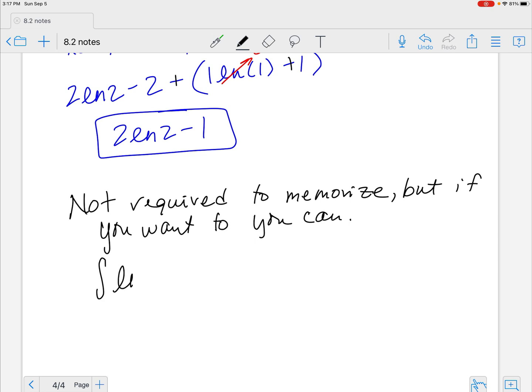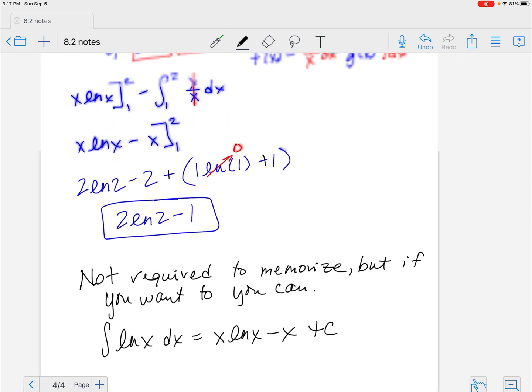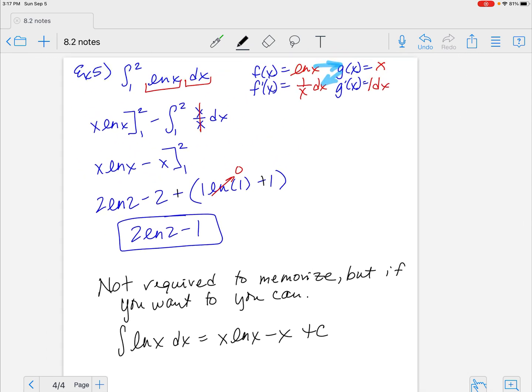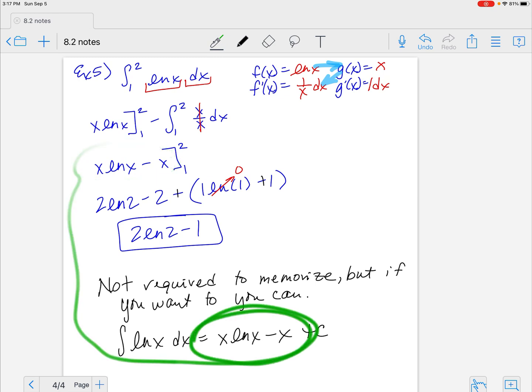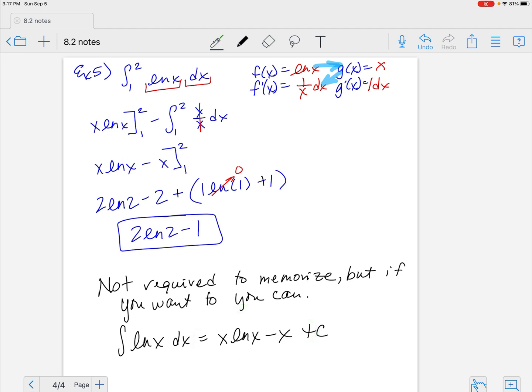However, if you are good at just seeing things and you know how to memorize, you can take the integral here of natural log of x dx, and that is x natural log of x minus x plus c. We figured it out up here pretty easily, right? That's what we ended up with whenever we did our integration. That is what it will always end up.